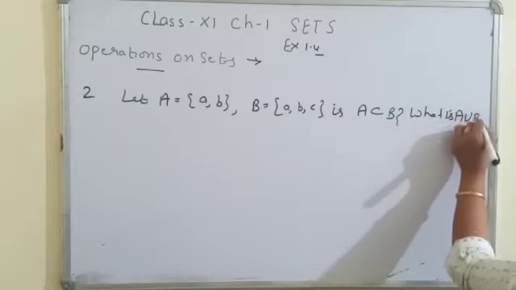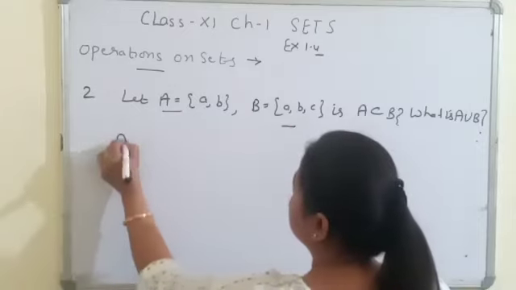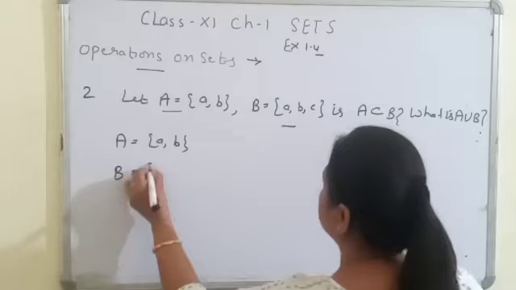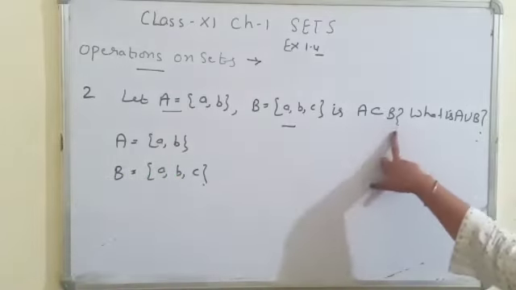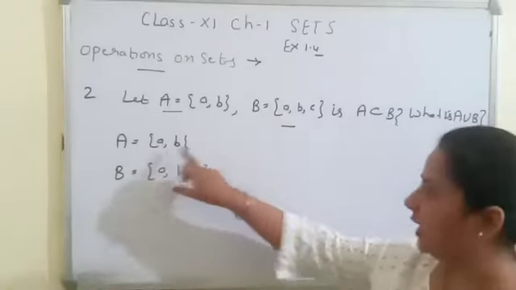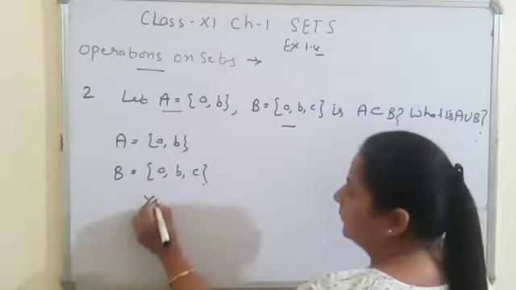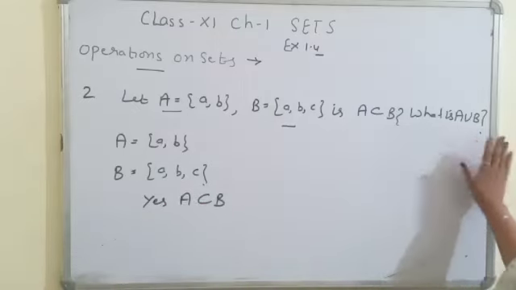Now set A is given, B is given: set A is A and B, and set B is A, B, C. Check if A is a subset of B. Yes, all the elements of A are present in B, so it's true. A is a subset of B. What is A union B?